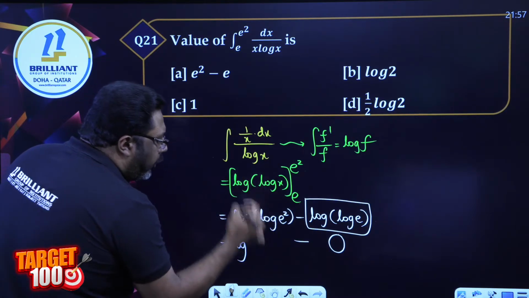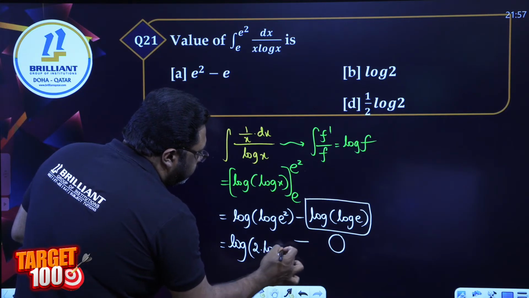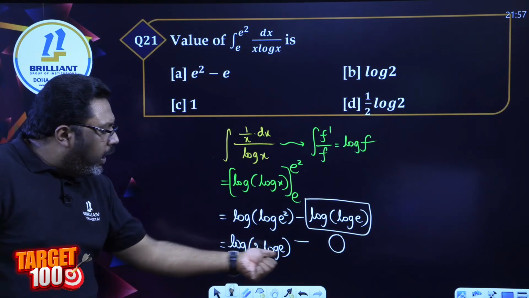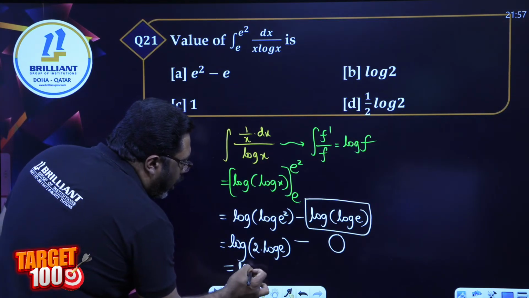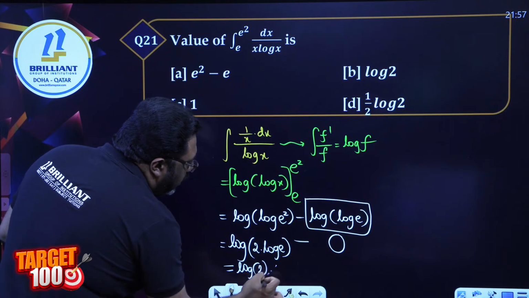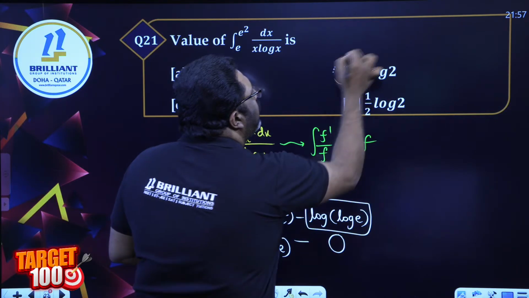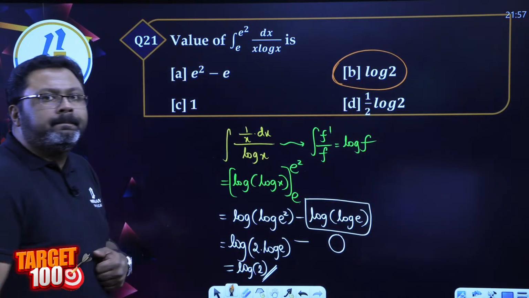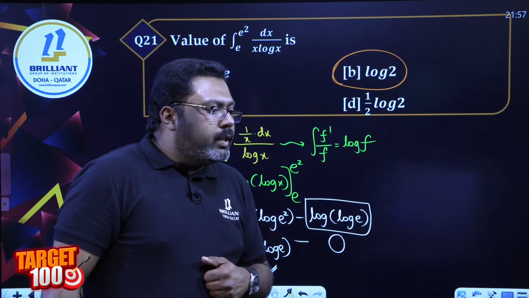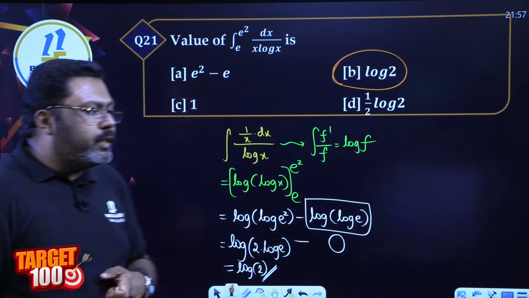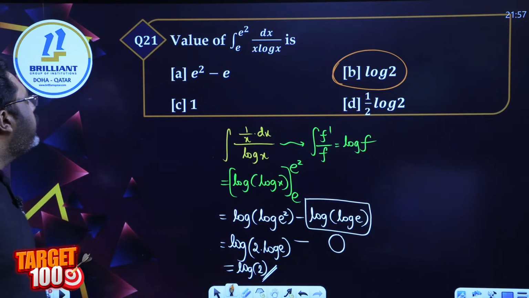According to the property of log, the power can be brought down as 2 log e. And log e is again 1. So the answer is log 2 into 1, which is log 2. So the final answer, log 2, option B. Right answer, yes, Nitin, Abin, Shadi and Faris. Good. So the answer is log 2.